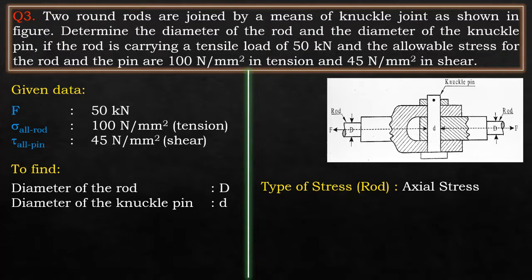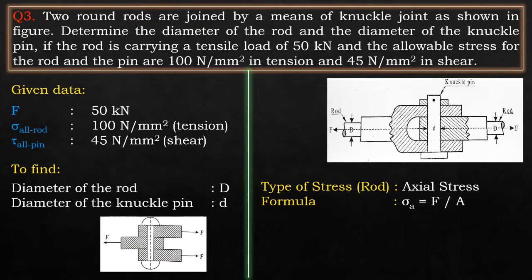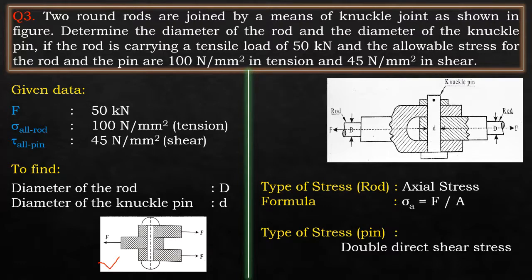The type of stress in case of rod is axial stress and the related formula sigma A is equal to F by A. Let us see what kind of stress is subjected in case of pin. The pin is subjected to direct double shear stress as shown in the figure here. So the type of stress in this pin is double direct shear stress and the related formula is tau is equal to F by 2A.